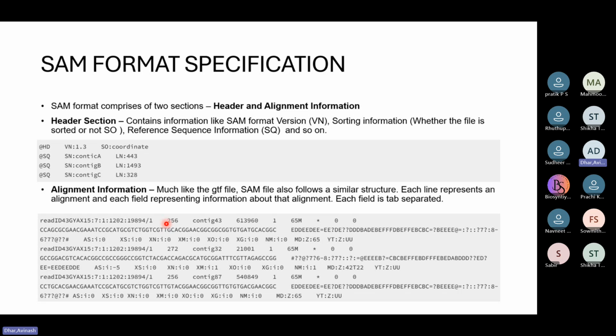Now let's come to the second column. The second column is known as the bitwise flag. This column tells you the nature of alignment.